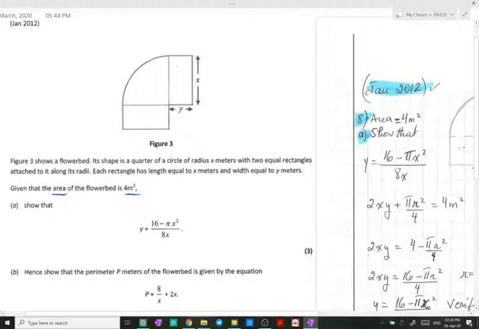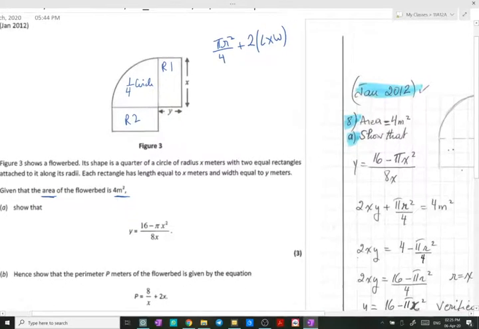It's made up of rectangle 1 and rectangle 2, and both these two rectangles are equal, and a quarter of a circle. So the area of all this flower bed is made up of pi r squared over 4 plus 2 times length times width of the rectangle, which is the area of the rectangle.